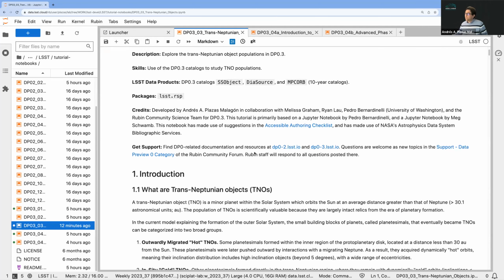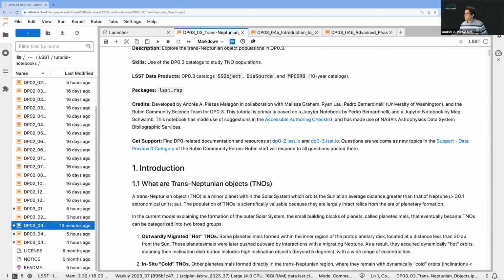I wanted to mention that, of course, I didn't do this notebook by myself, so I wanted to acknowledge my colleagues from the community science team. And in particular, I wanted to acknowledge researchers, solar system experts that worked on the DP0.3 simulation. This notebook was based mainly on a notebook by Pedro Bernardinelli, and in part on another notebook by Meg Schwamb.